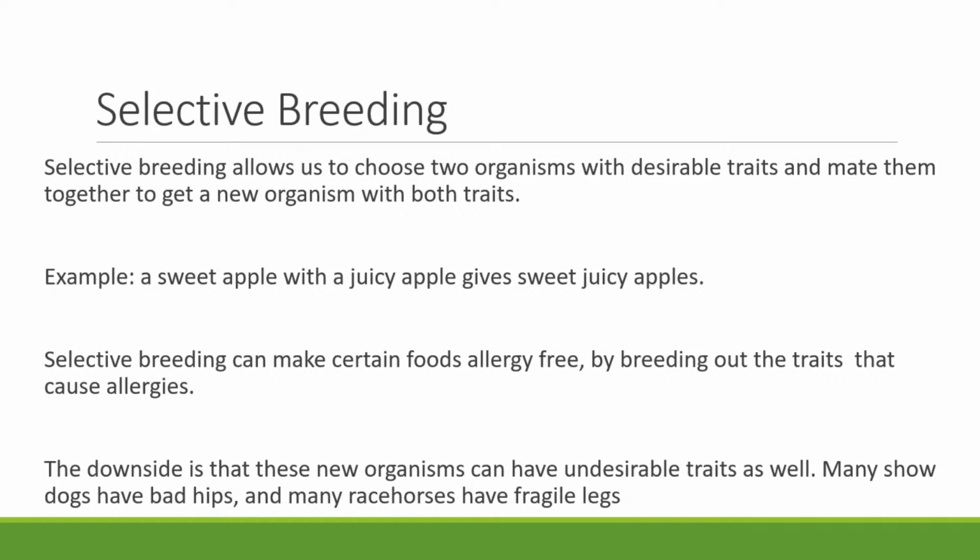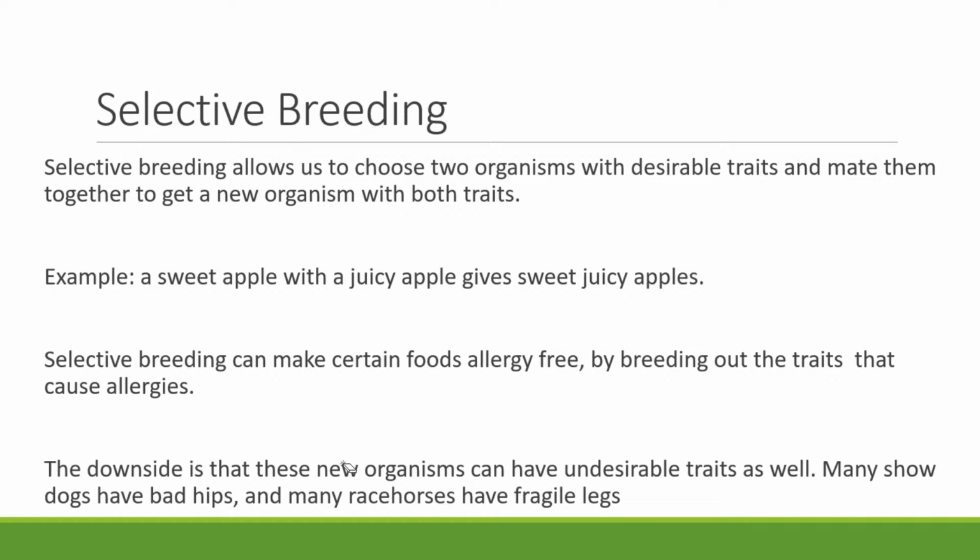We use this to grow certain fruits the way that we like them, right? Sweet apples with juicy apples to then get both of those traits, so we have apples that are both juicy and sweet, right?